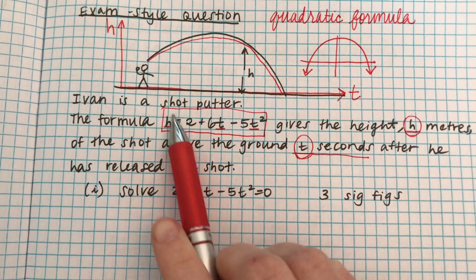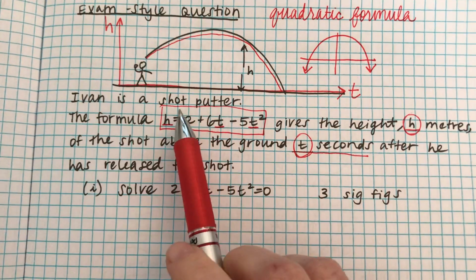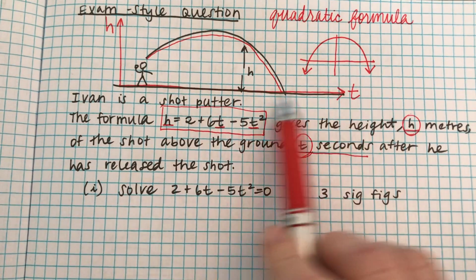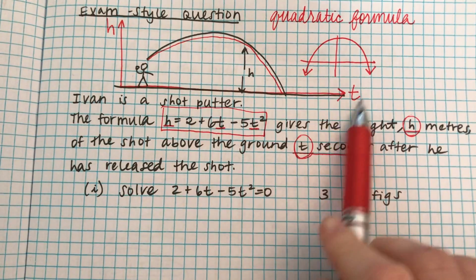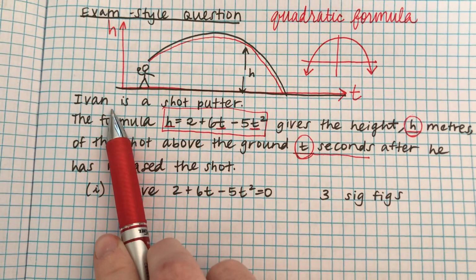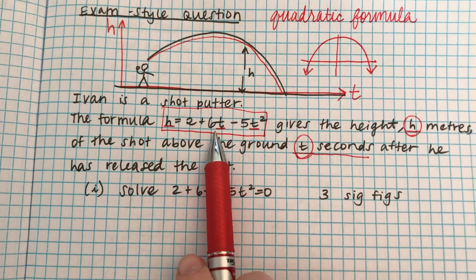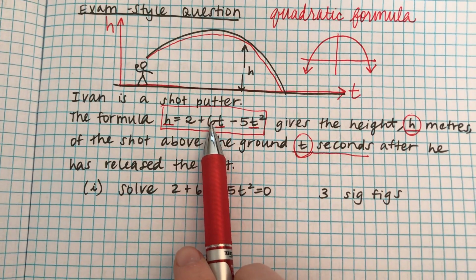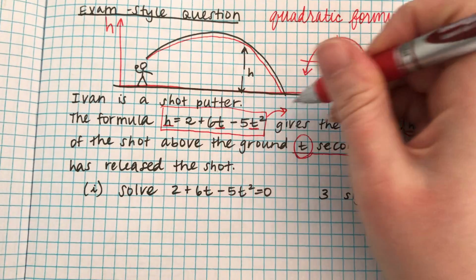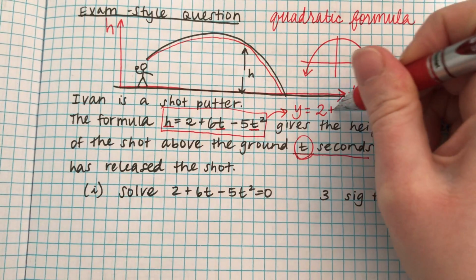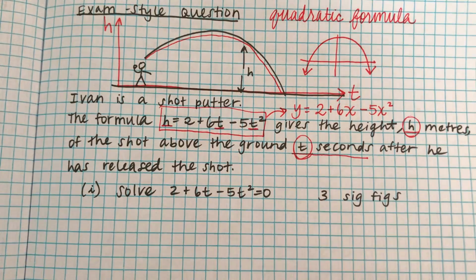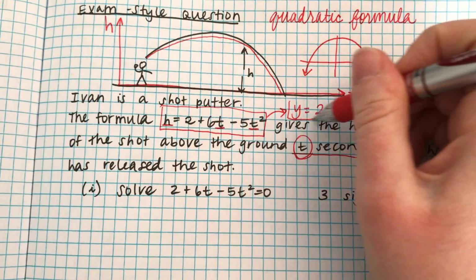However, here we've replaced y with h, and we've replaced x with t. So t is like the x variable, and h is like the y variable. Anytime they ask us to find h or t, they're just asking us to find the value of x or y. If you wanted to, you could rewrite this as y equals 2 plus 6x minus 5x squared, so that you're a little bit more comfortable with it.